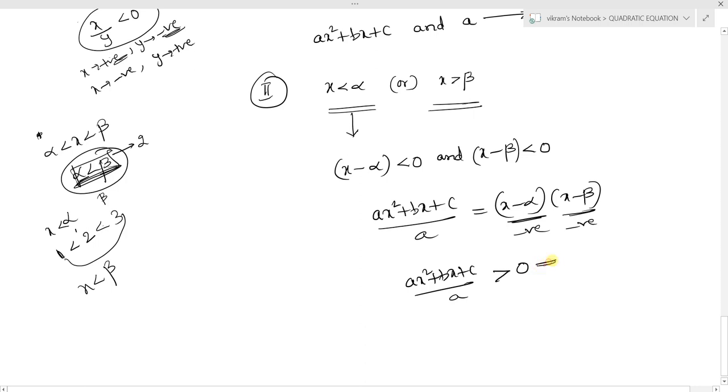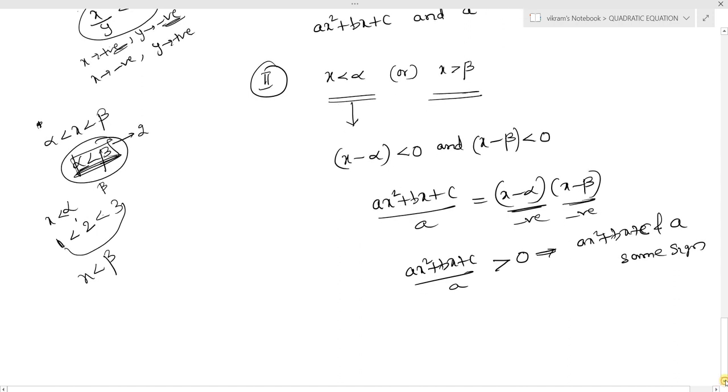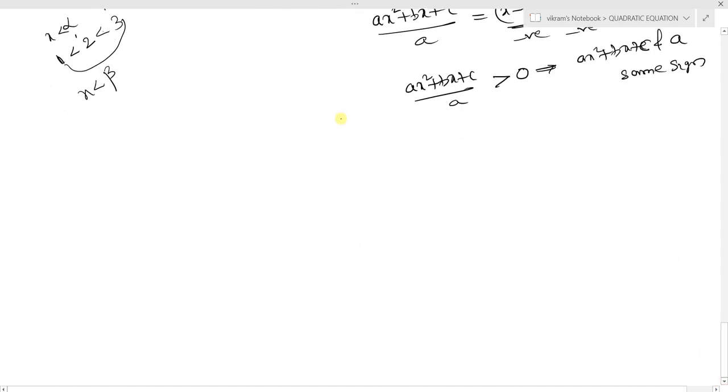When is it greater than 0? When ax square plus bx plus c and the quotient of x square have the same sign. If these have the same sign, then this is the condition: x less than alpha or x greater than beta.